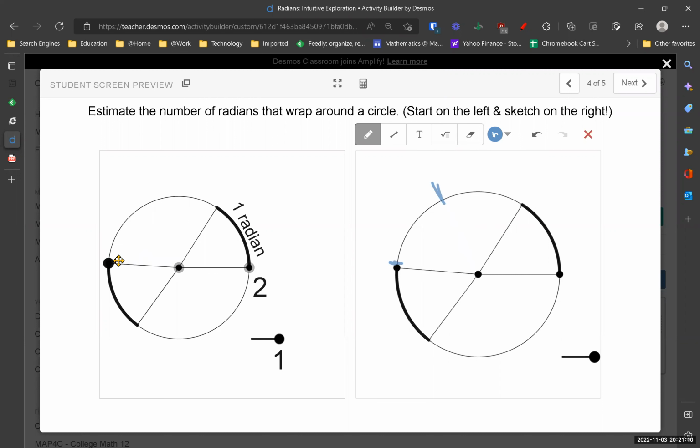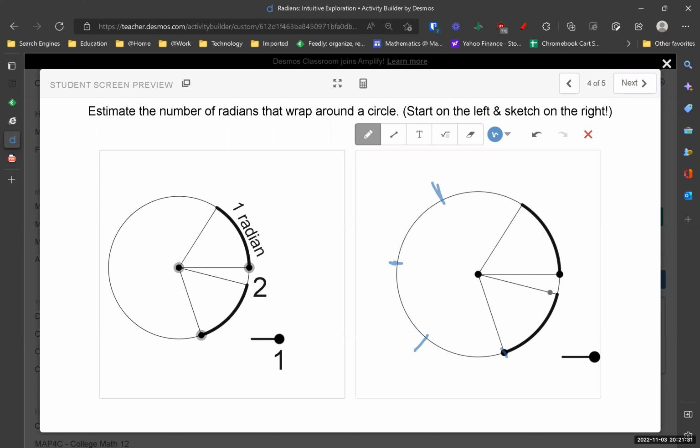Let's keep going around the circle. There's another radian, and again, still another one.